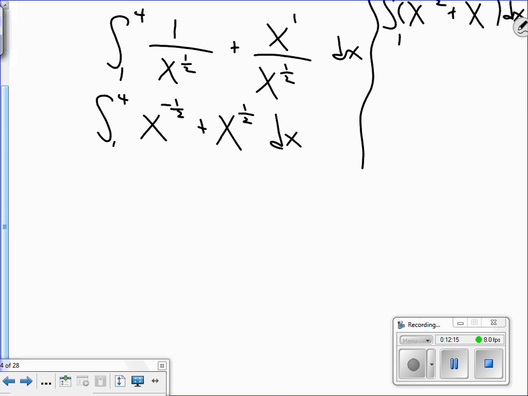We use the power rule, right? What's the antiderivative of x to the negative 1/2? Oh, that was nice. Can I do the 2 radical x? Because it's 2x to the 1/2, yeah? Nice. Okay. Now, let's use the power rule on x to the 1/2.